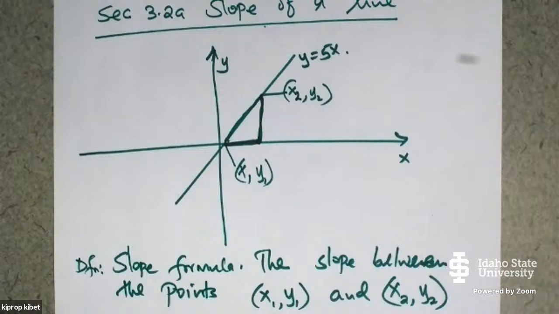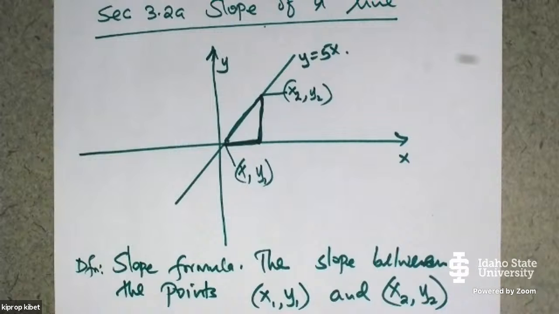Is there any change in x? Yes, sideways. So x is changing, right? But how about the y? There is no change, so it is 0, because it's moving in the same direction.